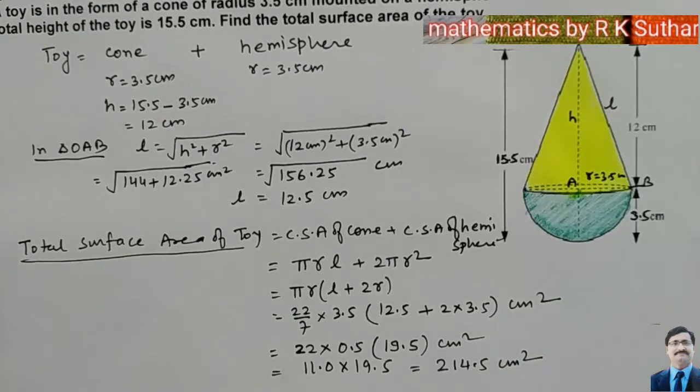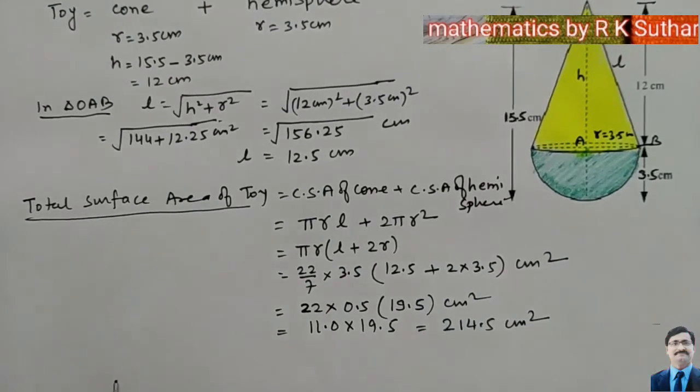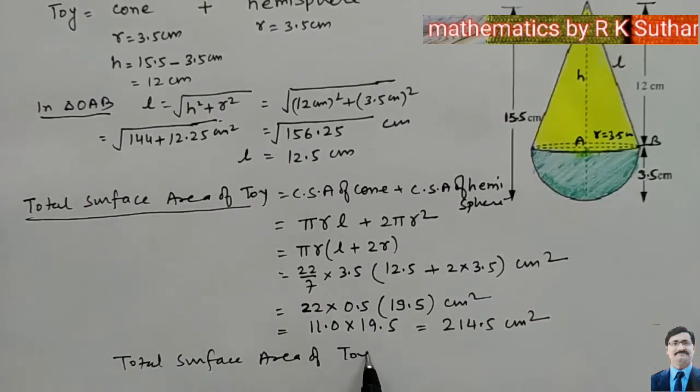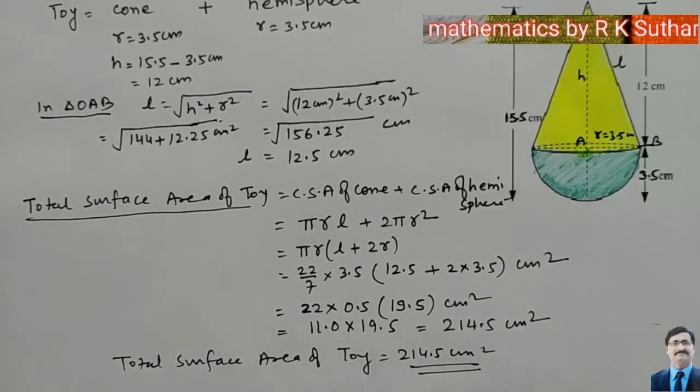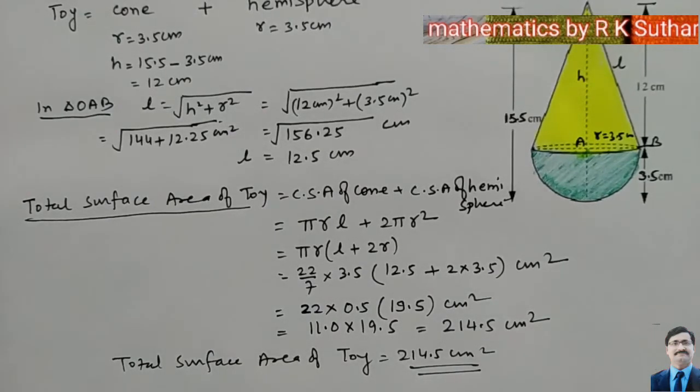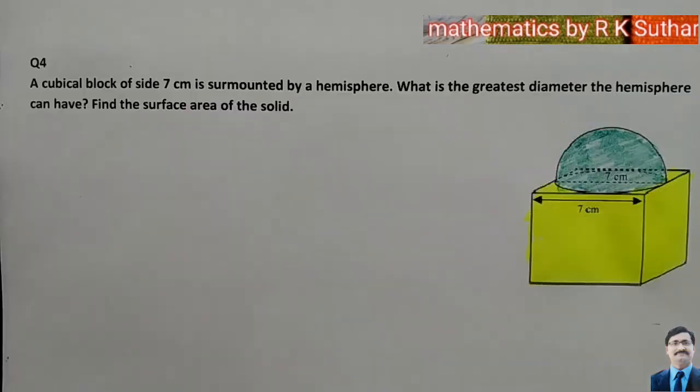So the total surface area of the toy is equal to 214.5 centimeter square. All of you understand, this is a very important question and a very easy question.